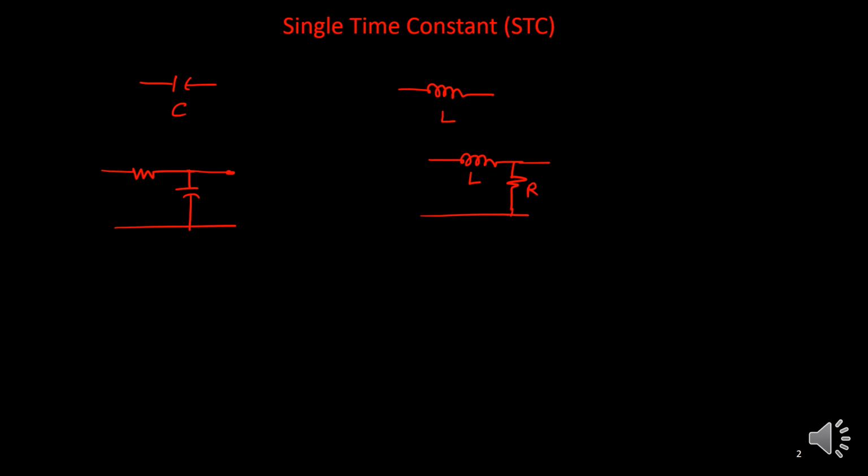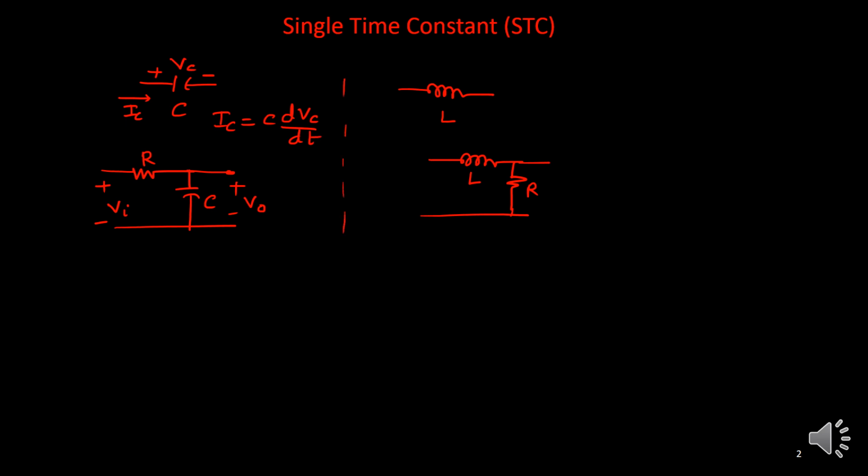In both cases, suppose the input voltage is Vi, this resistance R, this capacitance C, and this is the output voltage V0. We can find a relation between output voltage and input voltage. There we will find one differential equation, and that equation will be a first order differential equation. Across the capacitor, the voltage is Vc and the current is Ic, and Ic equals C dVc/dt.